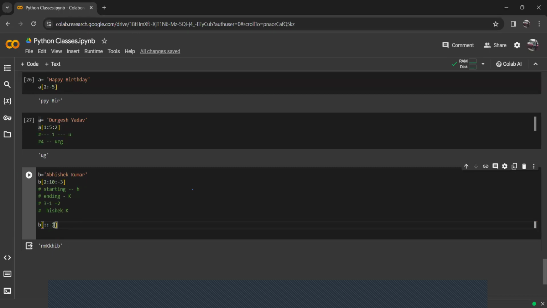Just understand this -2 is giving a single space, like skipping one value only, if you are not giving anything at the starting.